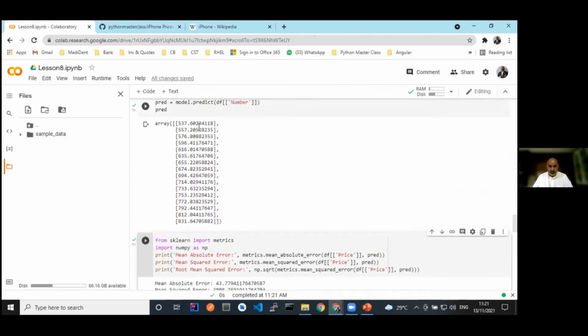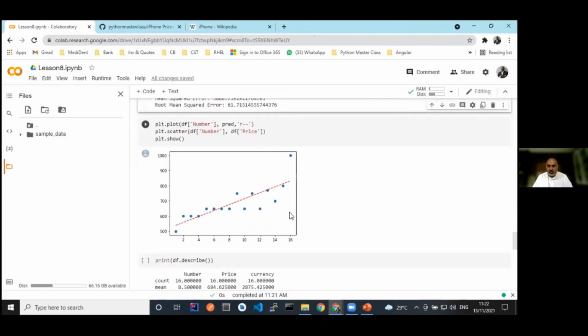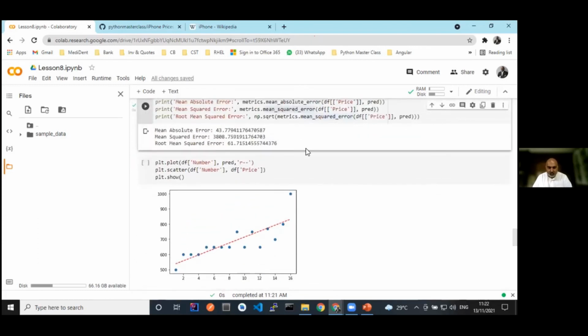So we have predicted the value. Now we can put it inside these functions, and it will tell us whether the validation is good. This is the first run. Now I can repeat this process by removing certain values, which means I'm going to improve my prediction.